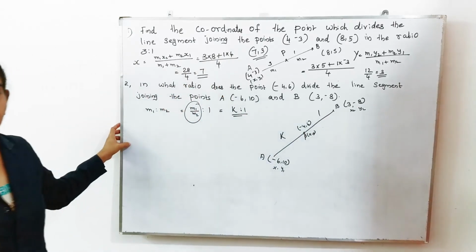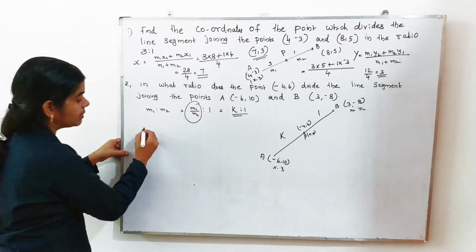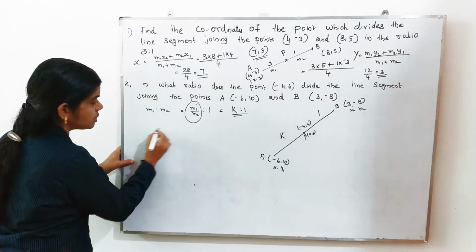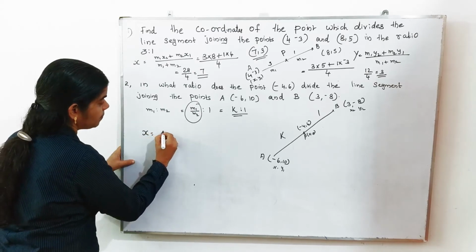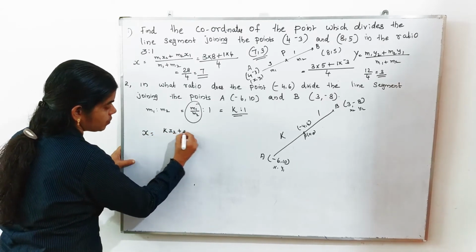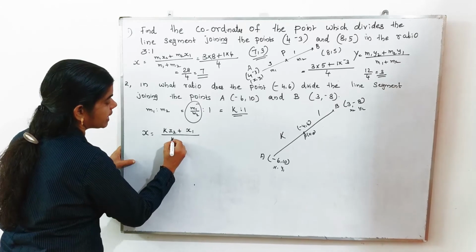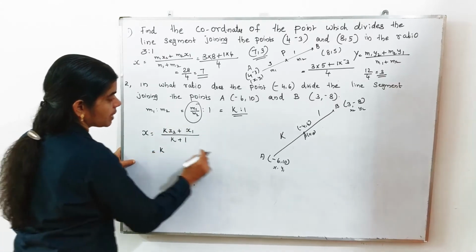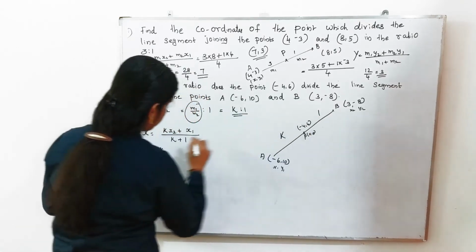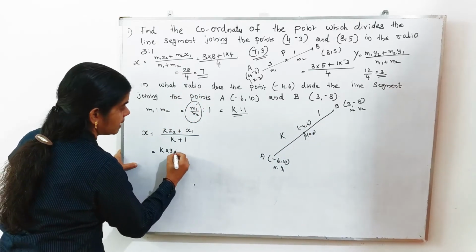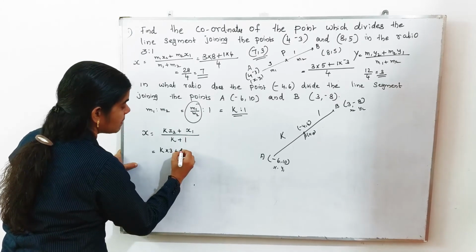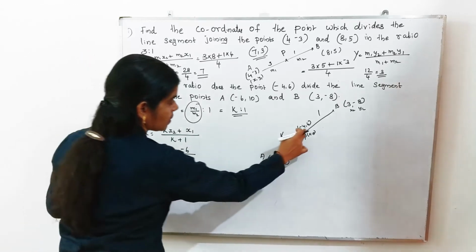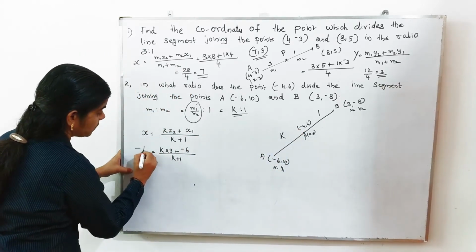Using k is to 1, we know the formula for the x coordinate of the point P: x is equal to (k x2 + x1)/(k + 1). Then k into x2, which is 3, plus x1, which is -6, divided by k plus 1. What is the x coordinate given? -4.